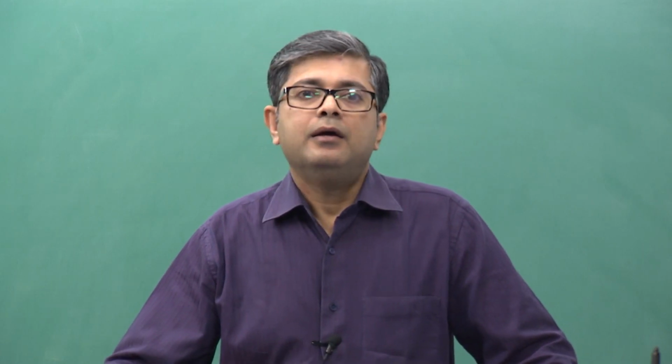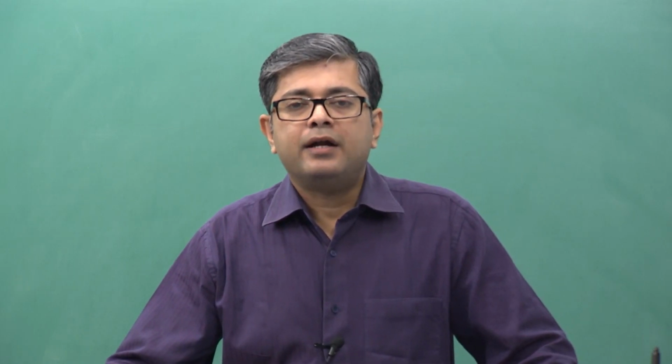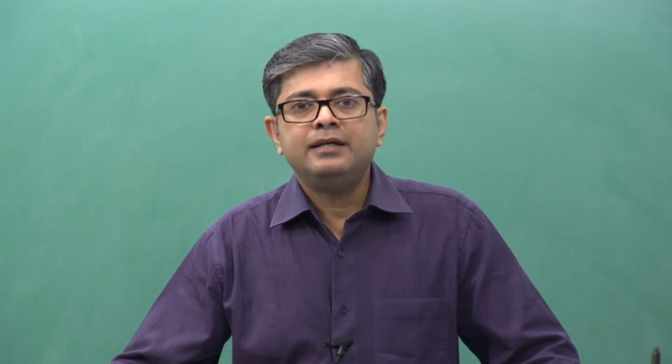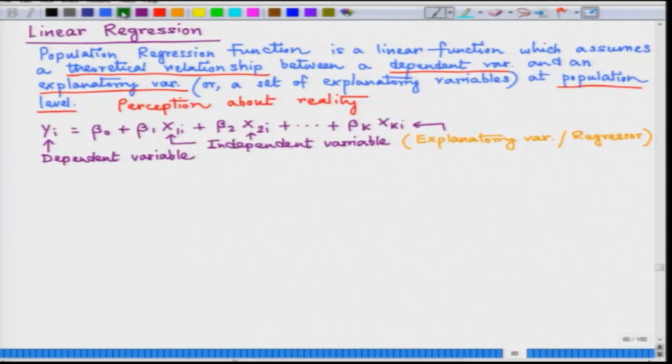After laying out the fundamental population regression function, let us now study regression analysis in deeper detail. In a regression analysis we take a pure theoretical relation, and let me simplify the analysis by assuming only one explanatory variable, but needless to say this can be generalized to more than one variable any time.